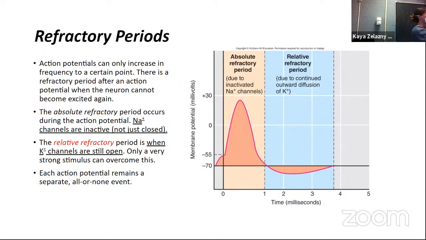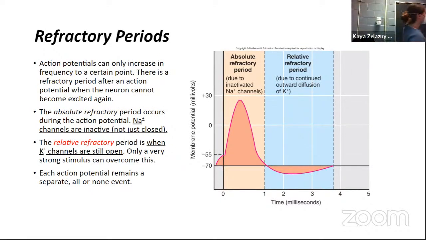We're still just trying to get to that threshold, but it's farther away than negative 70 to negative 55. So it's not that you couldn't do it. You could potentially have a graded potential summed together that's strong. It's just probably not going to happen. It's going to be hard, so you'd have to have a very strong stimulus here.